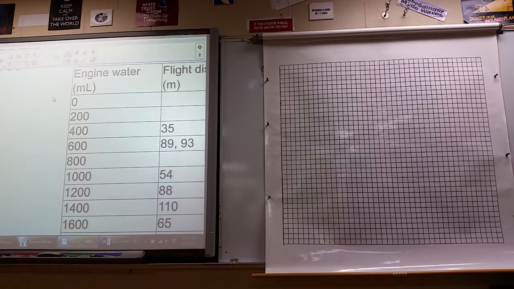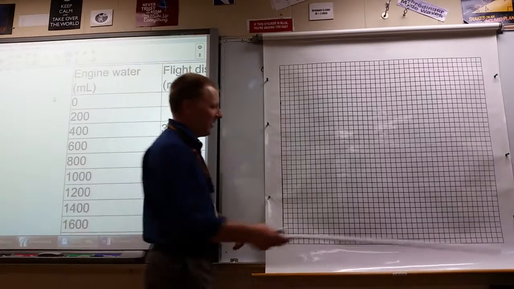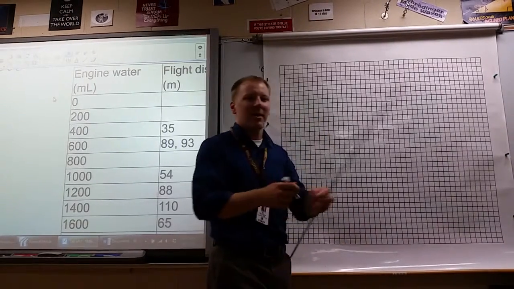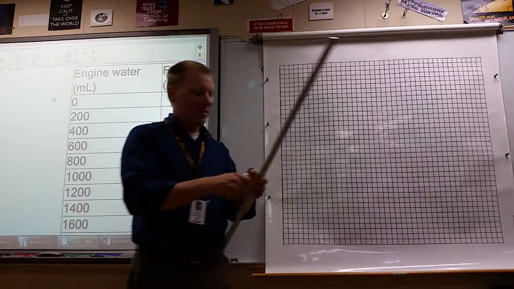I have plenty of rulers to share, so always grab a ruler when you're going to make the graph. Then I'm going to go along the bottom, do the same thing, just count up 5 squares and draw your line.